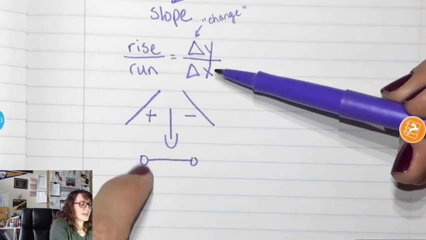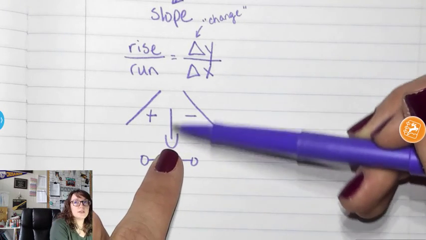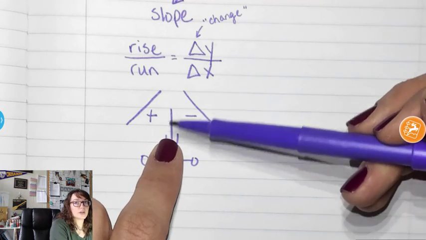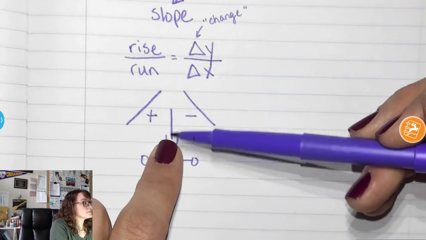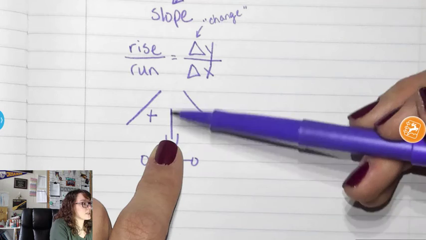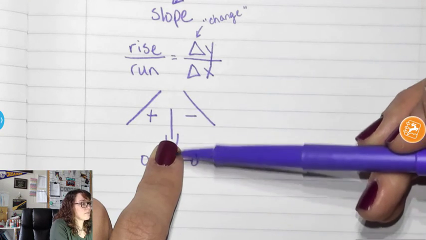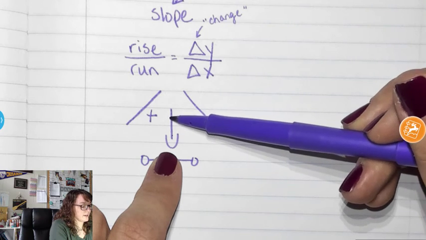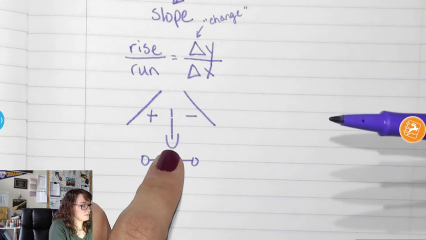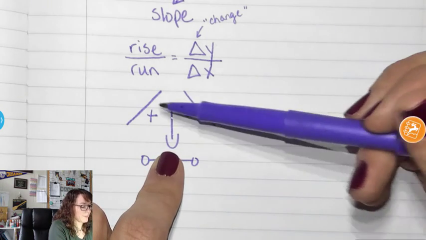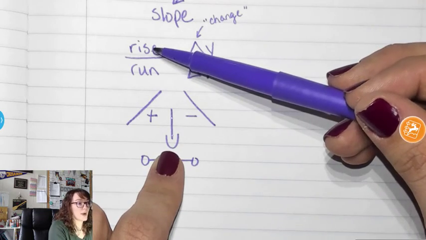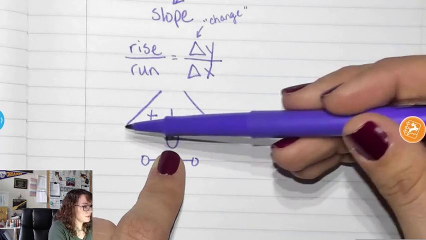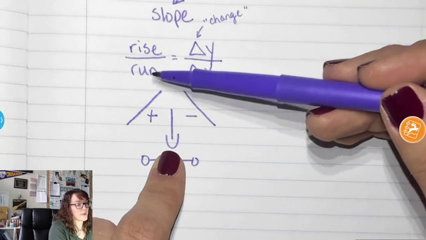So if you think about this up and down, is there any rising on a vertical line? No. Does it go up and down? No. From here to here, did it go up? Yes, it does go up and down. There is rise. Does it run from left to right at all? No. No, so there would be a 0 on the bottom.